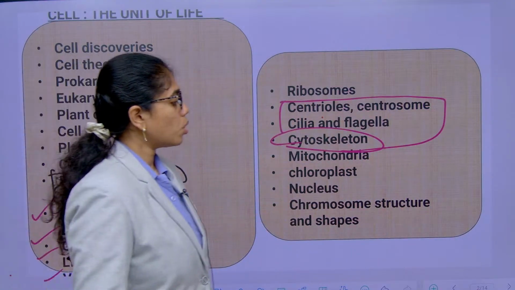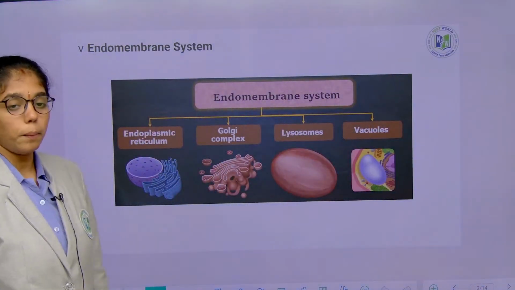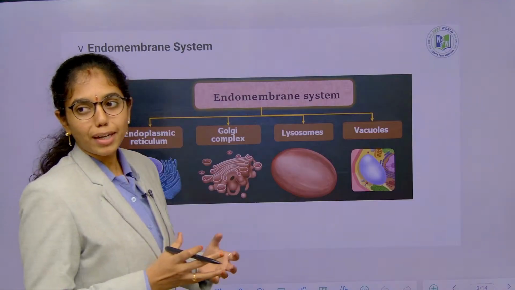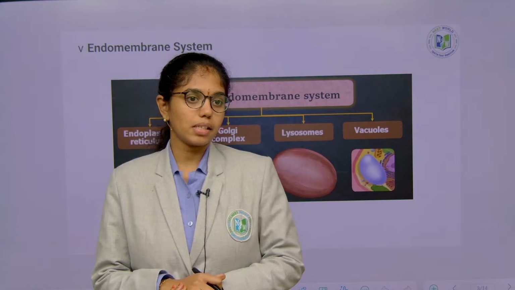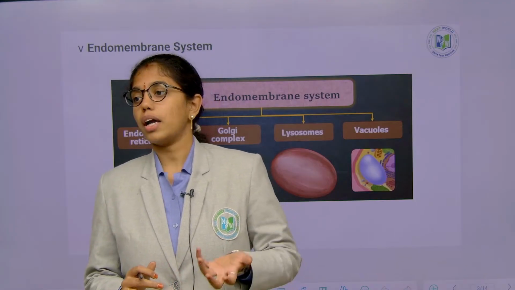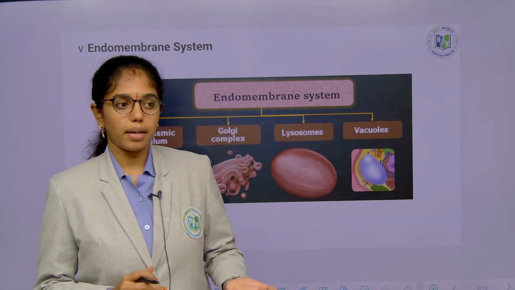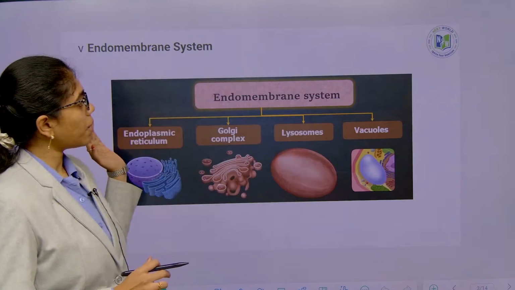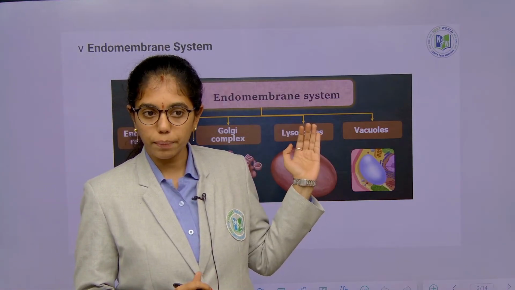Okay. So, when we start with the endomembrane system, it reminds us about teamwork, right. Why only these organelles are placed in the endomembrane system? You told me it is because they work in a coordinated manner. All the organelles placed in the endomembrane system are single membrane bound or double membrane bound?